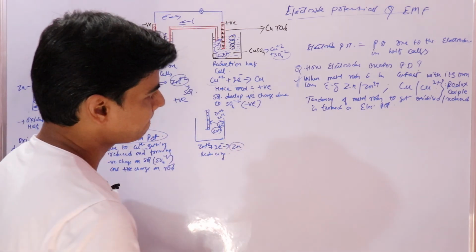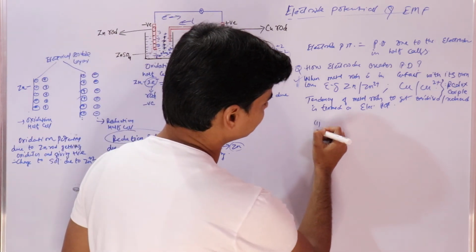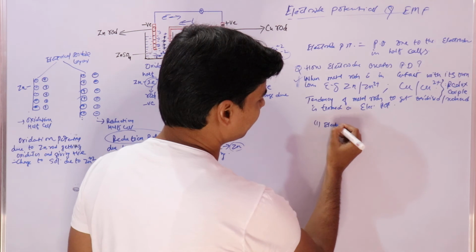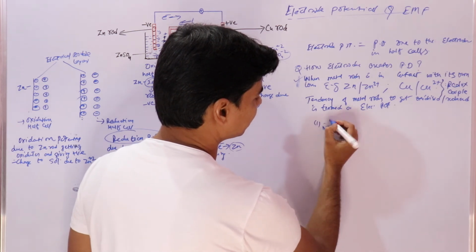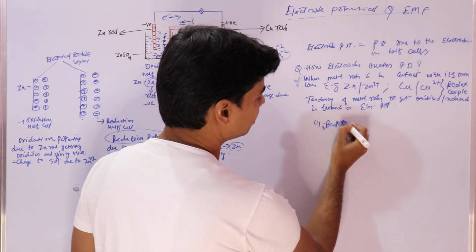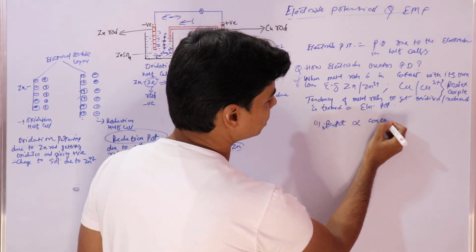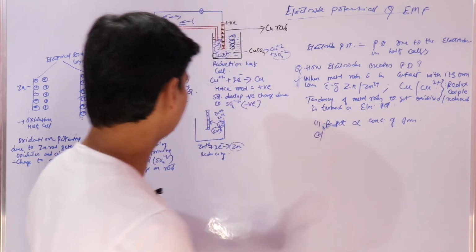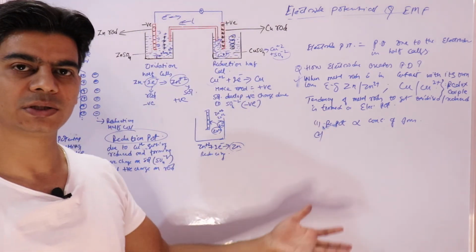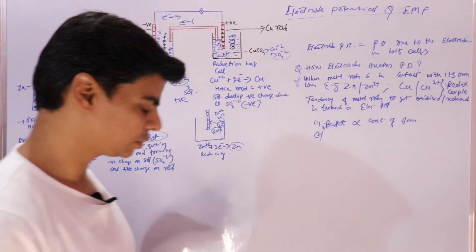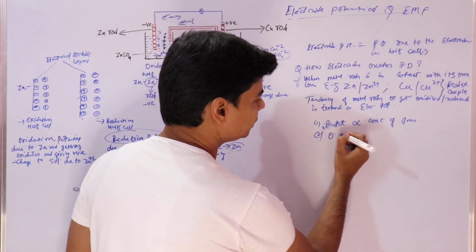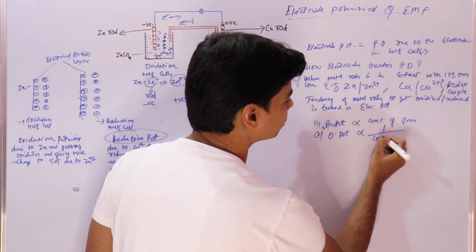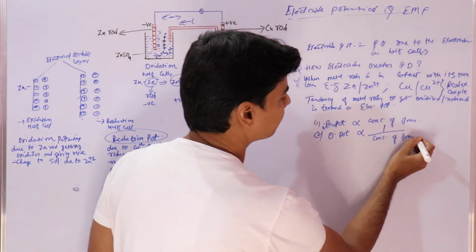So we say, first point, that the reduction potential is directly proportional to the concentration of ions, right? And when there were less number of ions, oxidation was in progress, so oxidation potential was increasing. So we say oxidation potential is inversely proportional to the concentration of ions.